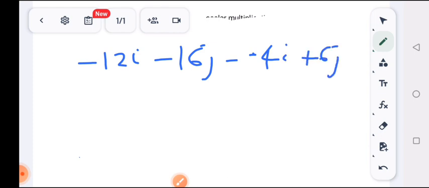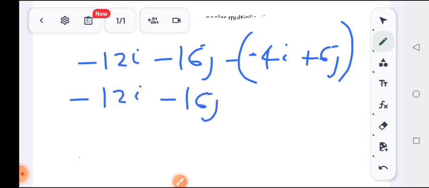I believe you should know that all of these should be in brackets. Anytime you have an entity after a minus sign, everything should be in brackets. So this will be minus 12i minus 16j plus 4i minus 6j.